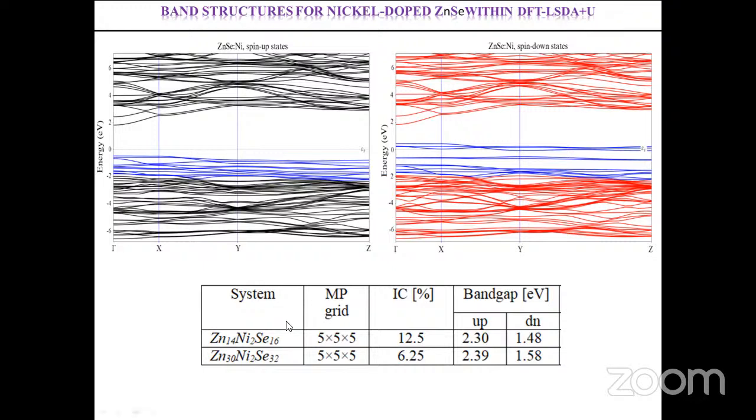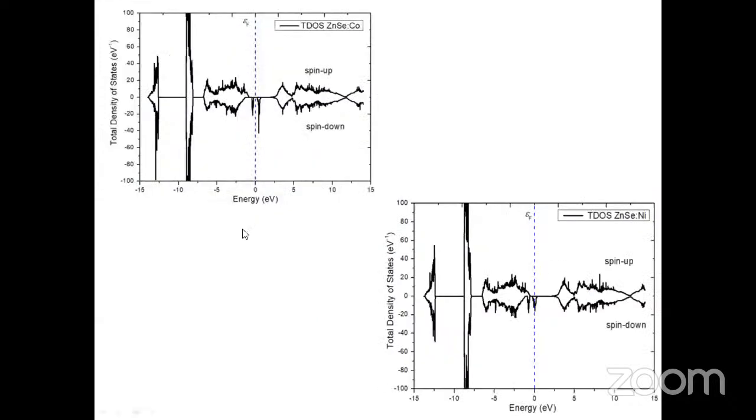And in this table, you can see the band gap values for nickel doped zinc selenide spatial structure.